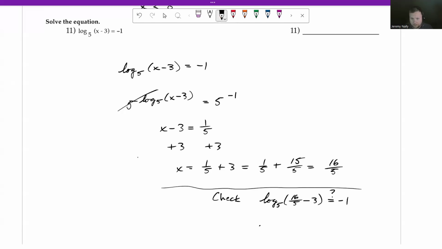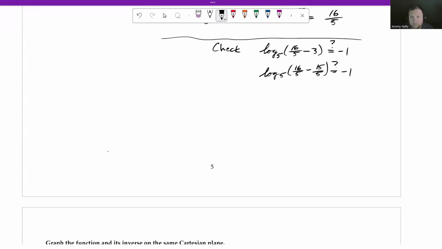So then this is log base 5 of 16 over 5 minus 15 over 5. So then log base 5, and I have 1/5. And then, however you want to finish that out.